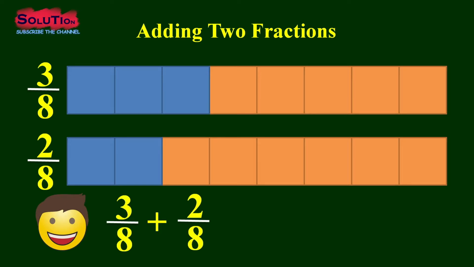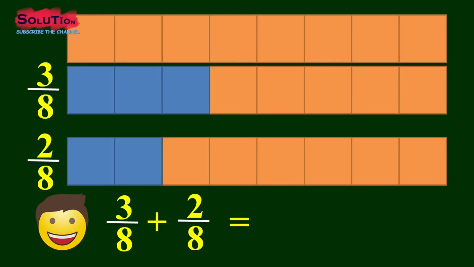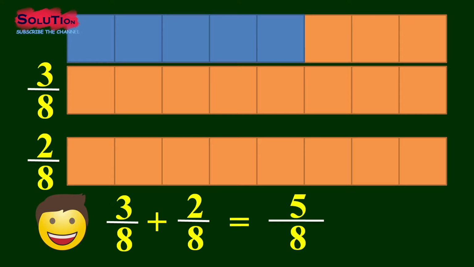So to add this, I am taking another block where I have divided the complete block into 8 equal parts. And now let me take the 3 parts from the first fraction and 2 parts from the second fraction. So in total I will be getting 5 parts out of 8 parts.